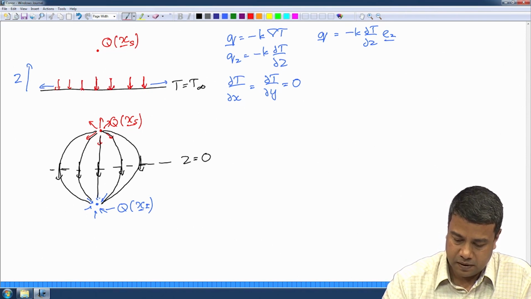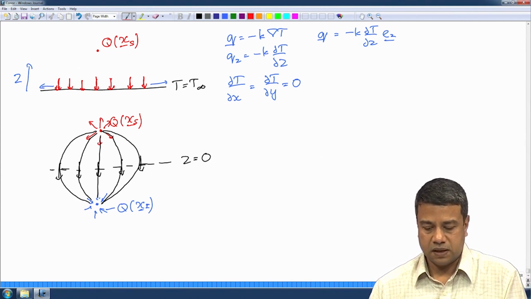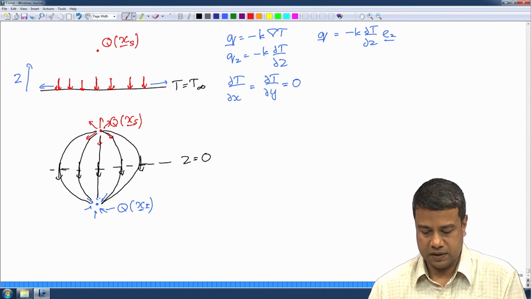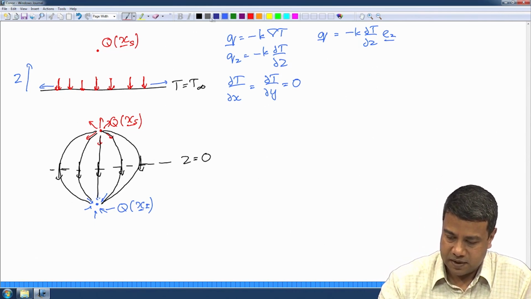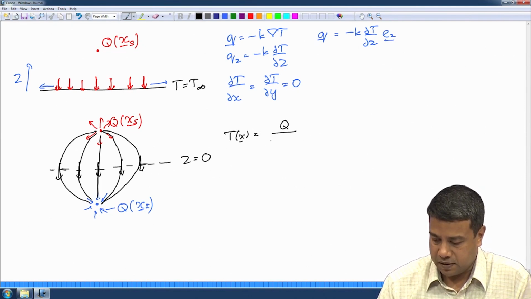So, rather than having a source with a constant temperature boundary, I have a source and a sink located at the image of that source in the boundary. For this second problem, the temperature is quite easy. It's equal to Q by 4 pi K into x minus xs.